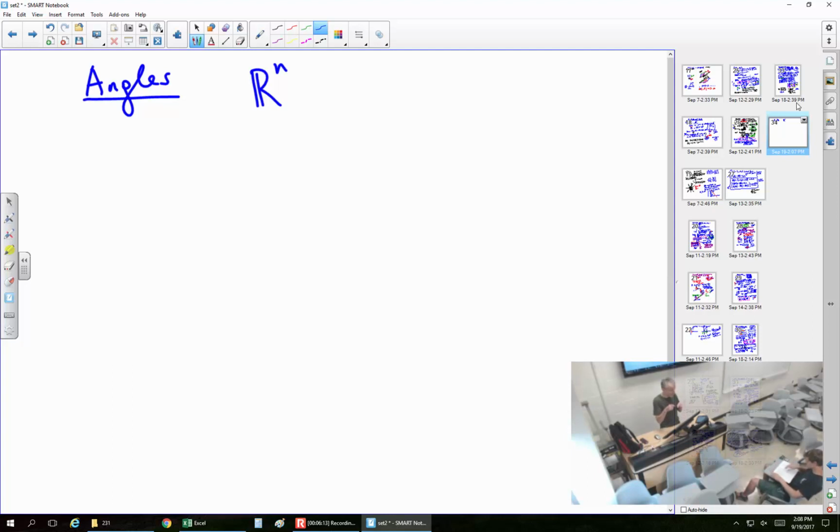What is the meaning of an angle between two vectors in Rn? So say a and b are vectors in Rn. What is the meaning of the angle? There is no such physical place in Rn, and so as long as we have 3 dimensions, we're talking about something that can be experimentally confirmed.